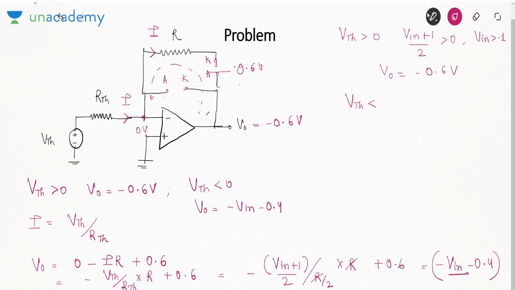When VTH is less than 0 or Vin is less than minus 1, V0 is minus Vin minus 0.4. Okay. So now how you will draw the characteristics of input versus output, output versus input. Let us see how we will draw it.